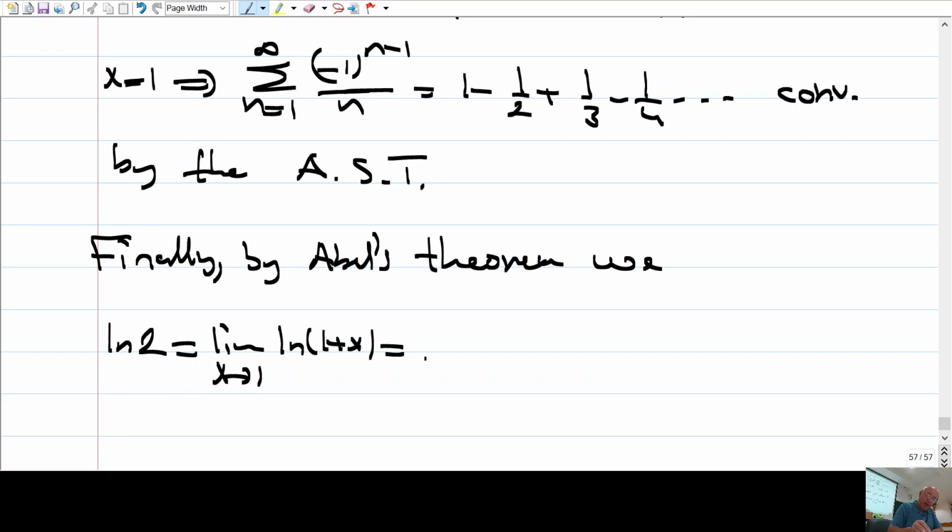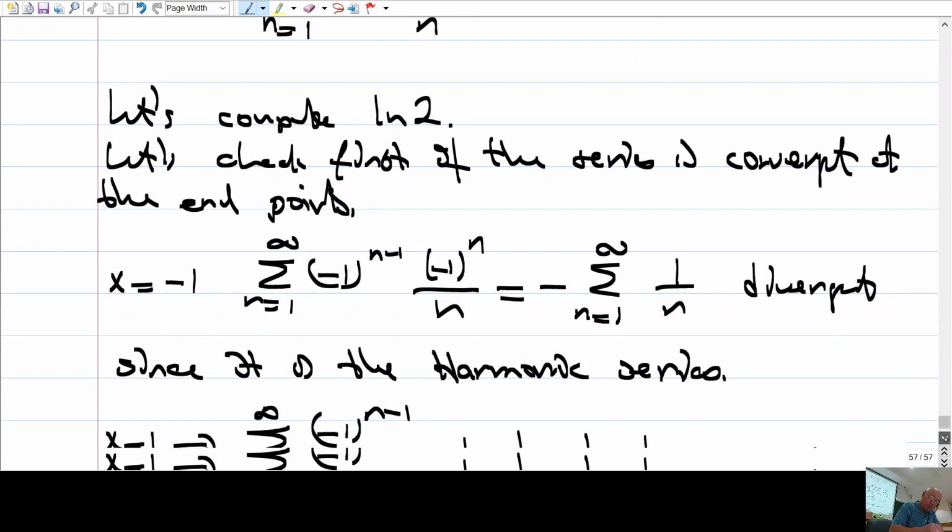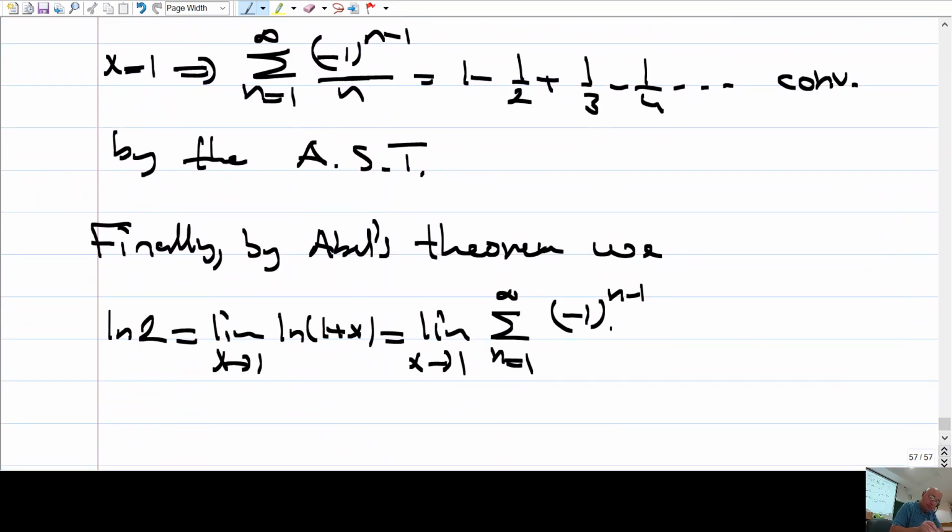And then I have what? This is equal to the limit of the series as x goes to 1 of, what was it, -1 to the power n minus 1 times x to the power n over n. Why do we have this?